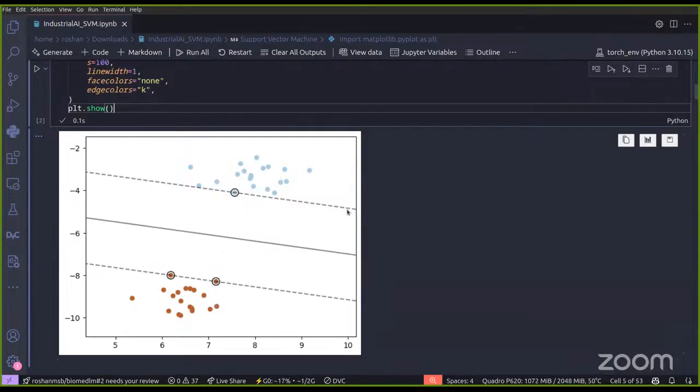This particular distance is called the maximum margin. And I want to be exactly in the middle so that the distance from these two sets of points is the highest. So I should draw the line in such a way.